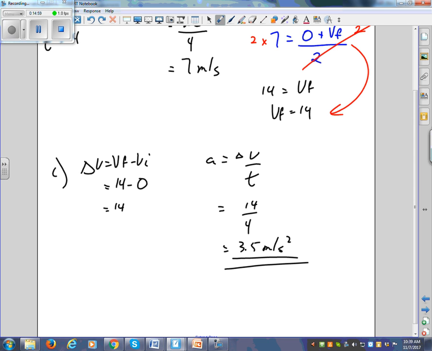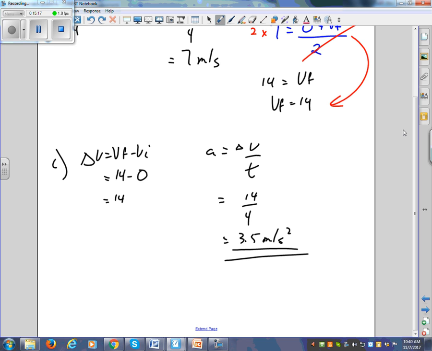Is the delta V always going to be equivalent numerically to the VF? How not, Colby? You just got lucky and had zero. Just got lucky? Oh, so it only is when the VI is 0? You're right. Actually, the VI is 0 quite often, so I don't know how much luck's involved, because it happens quite a bit. But you're absolutely right.